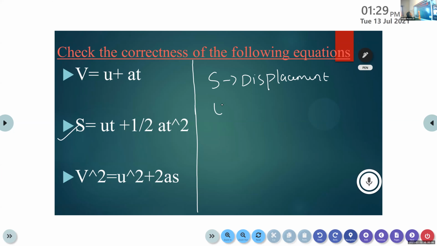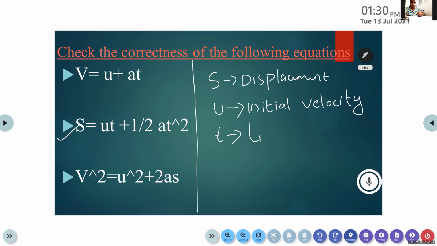What about U? U is the initial velocity. Then T. What does T represent?